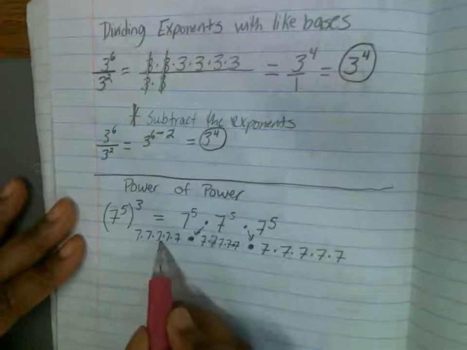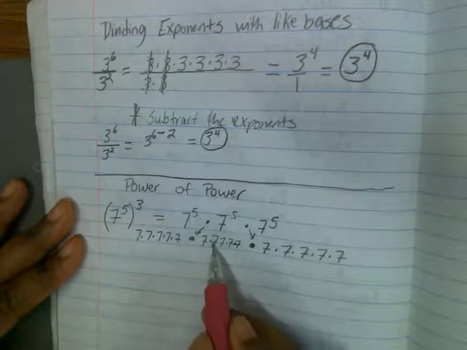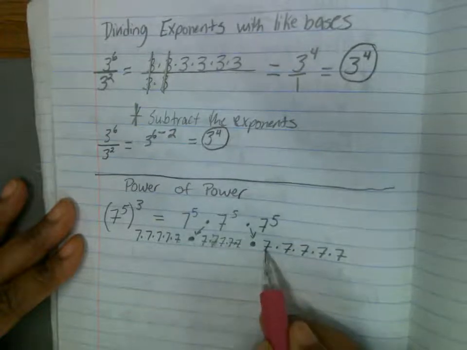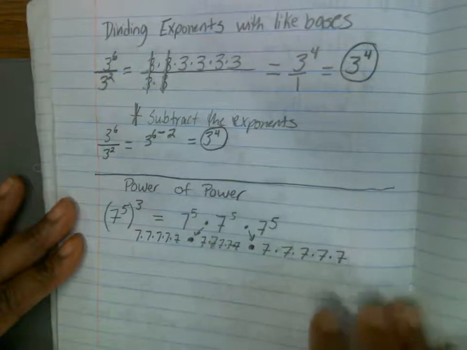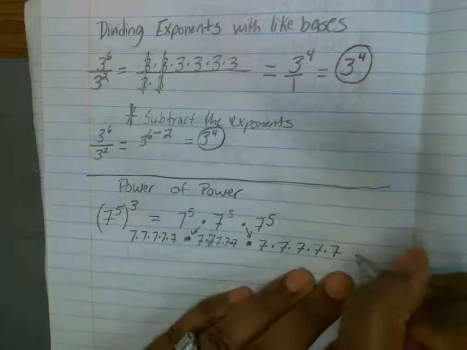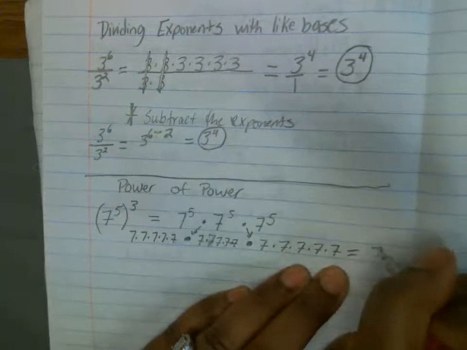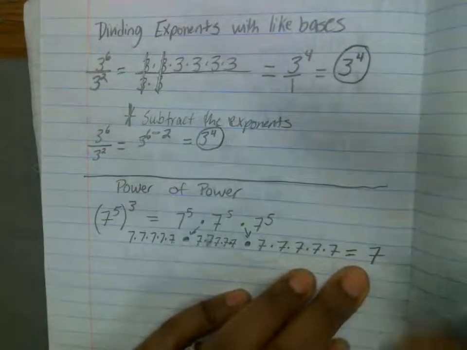Times 1, 2, 3, 4, 5. So 7 now is being multiplied a total of how many times? 15.